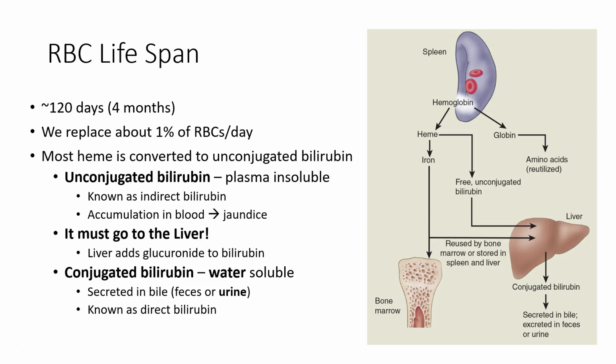Most of the heme, when we recycle a red blood cell, is converted to unconjugated bilirubin. This is what we call plasma insoluble. It is sometimes called indirect bilirubin. When this unconjugated bilirubin accumulates in the blood, this is what causes a yellow tint to the mucous membranes and sometimes even the skin that is called jaundice.